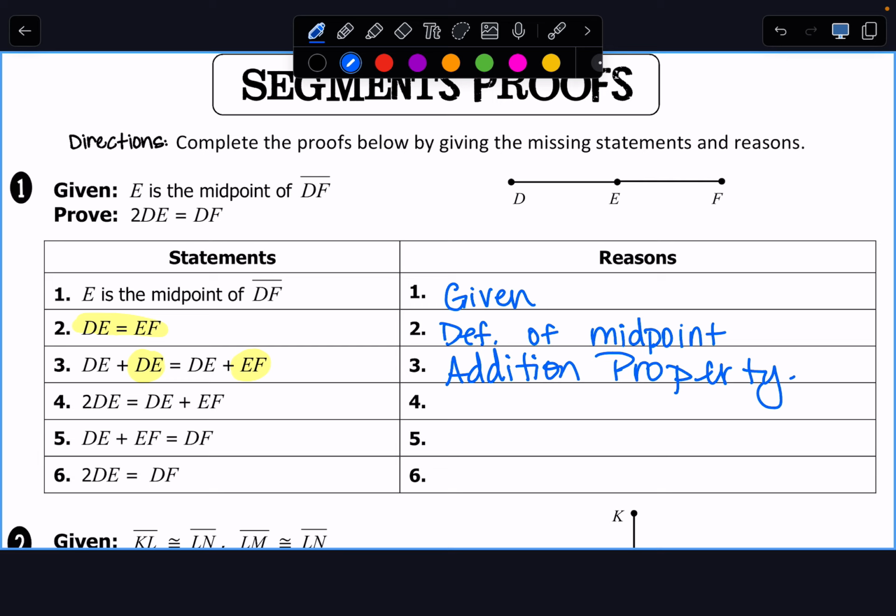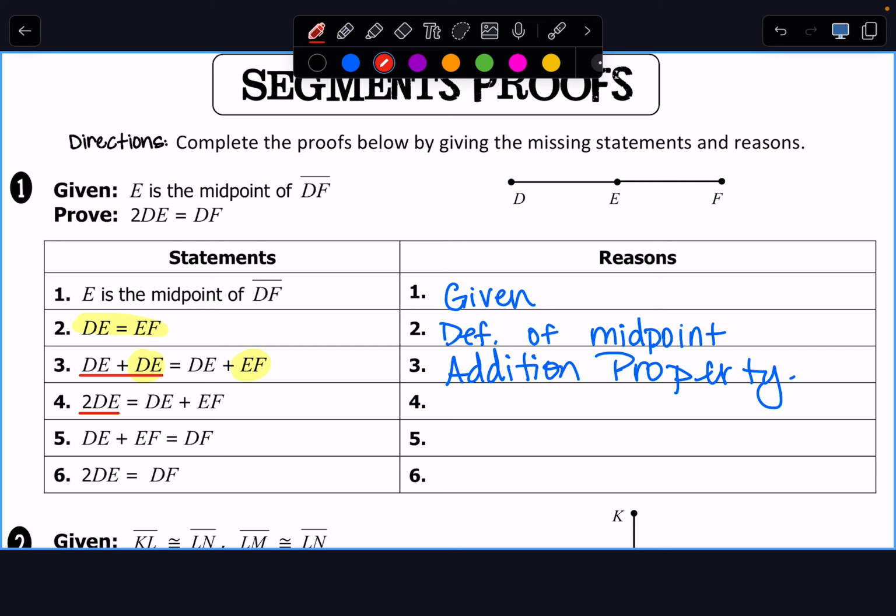We did the same thing with the other properties. If you need to abbreviate a little bit, I'm cool with that. I know it gets annoying. Now, what happened from this step to this step? DE plus DE equals 2DE.